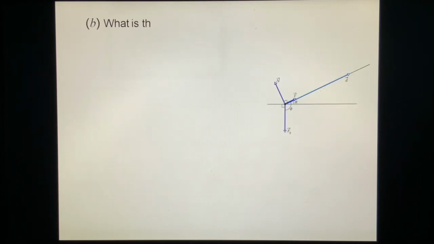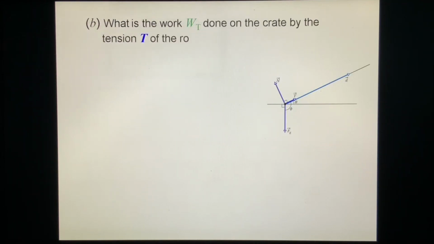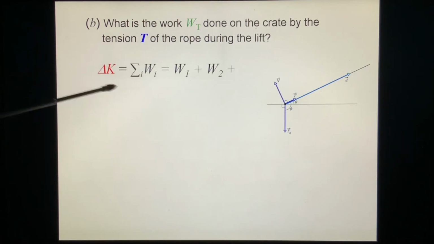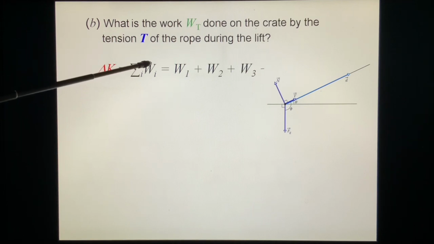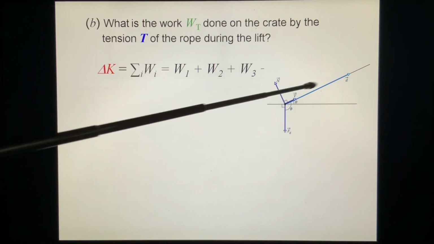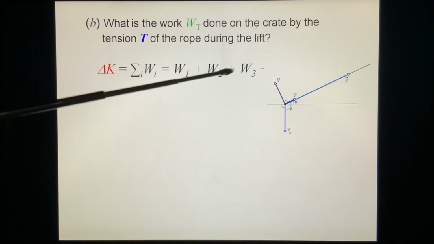Question B. What is the work W_T done on the crate by the tension T of the rope during the lift? The definition is delta K equals the sum of the works W, and in this case there are three: one by the pulling force, one by the normal force, and one by the gravitational force.